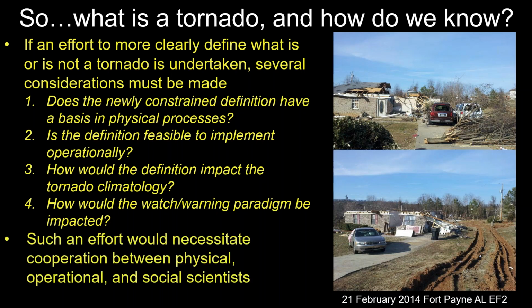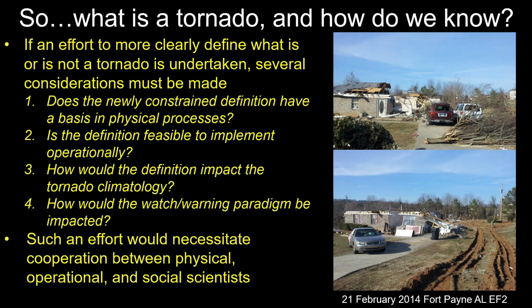But in the end, my final point is that such an effort would necessitate cooperation between physical scientists like me, operational scientists like yourselves, and social scientists to understand how any potentially constrained definition of a tornado would impact public perception of what occurred to them, and how any impacts on the watch warning paradigm would impact public response.